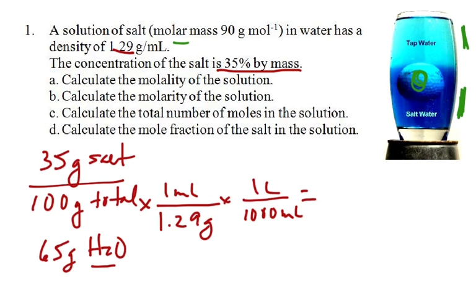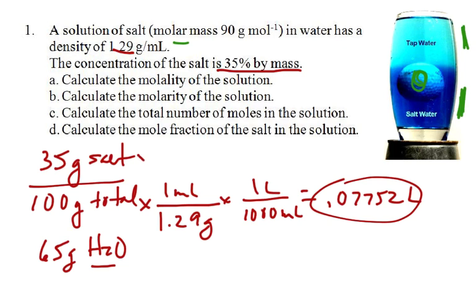So by doing our calculation, we can calculate the liters of the solution. Now, if we do that calculation, 100 divided by 1.29 is about 77.52. So this would be 0.07752 liters, which would be a useful number.